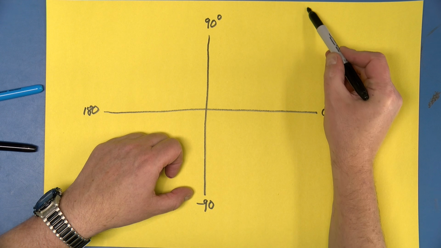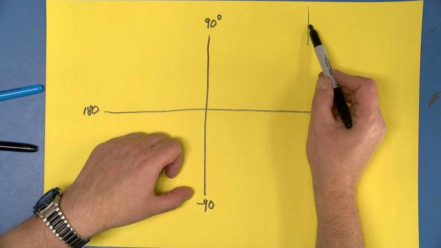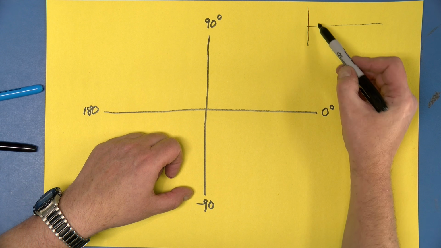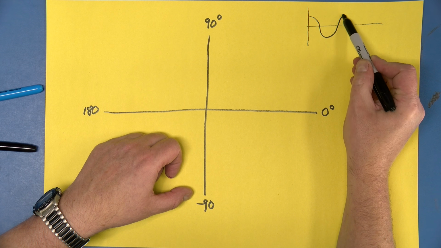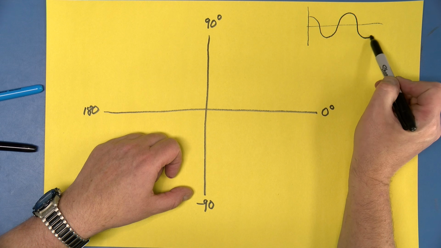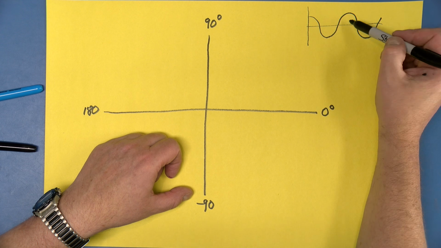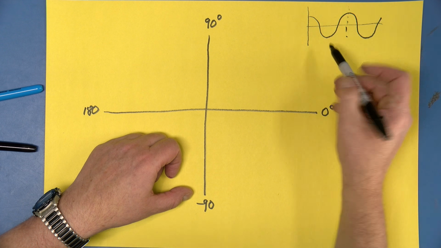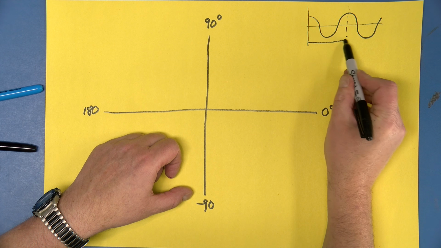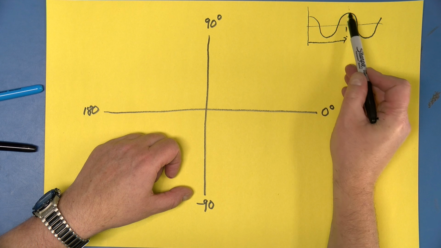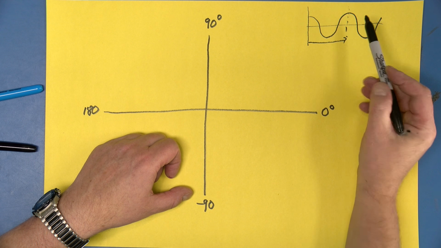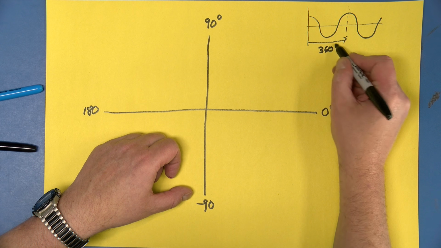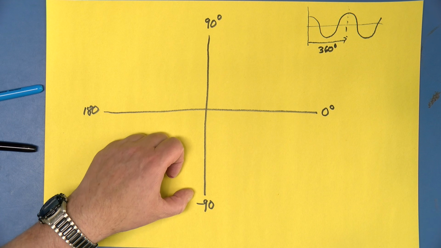And just to put things in perspective, here is our nice little cosine wave that looks something like that. Going from this point to this point, in other words, the identical point one cycle on, that's 360 degrees, just as a reminder.